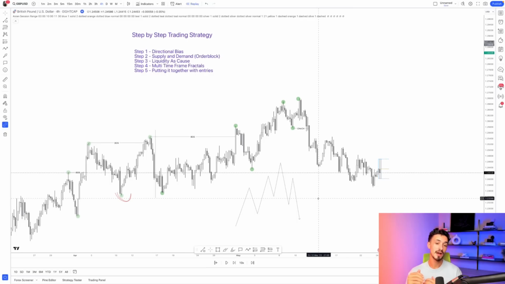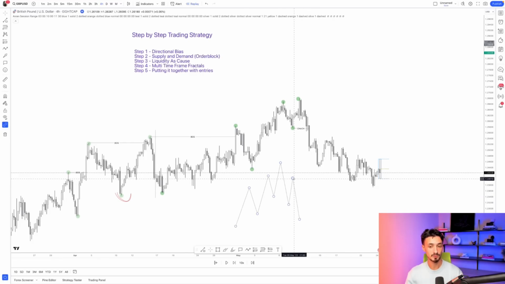Meaning, if you have 10 price legs that move in one direction, between 7 and 9 of those moves are going to be continuing in that direction versus 10 to 30% of the time they're going to reverse and give you that change of character.